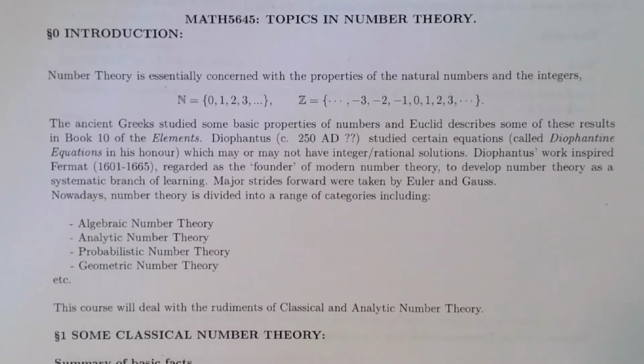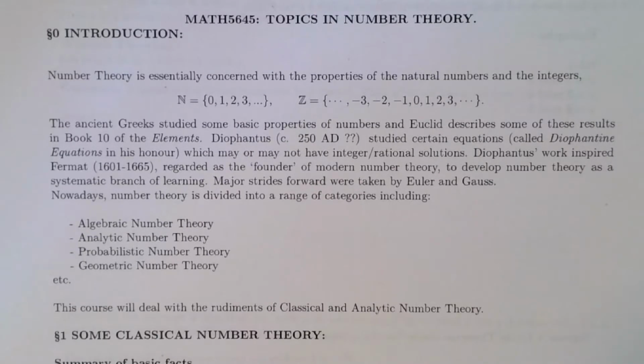Diophantus' work of course inspired the work of Pierre Fermat, from 1601 to 1665, who's often regarded as the founder of modern number theory. He tried to develop number theory in some sense as a systematic branch of learning, although he basically concentrated on solving particular problems.